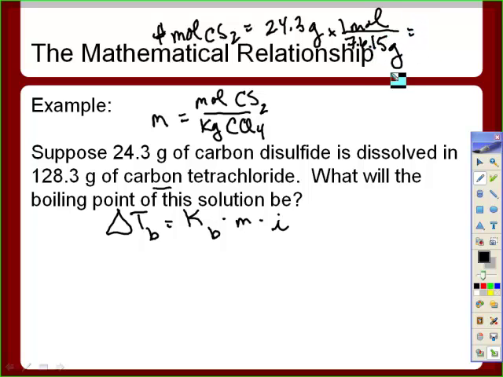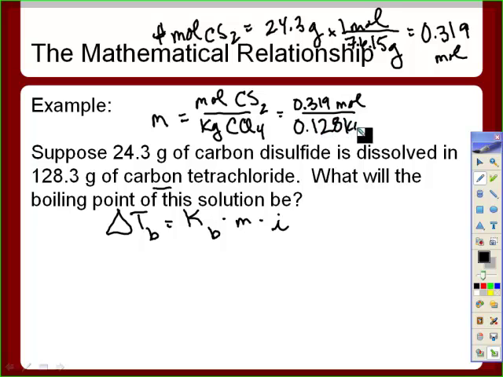grams per mole. And if I have 24.3 grams, that gives me 0.319 moles. Okay, I have the grams already of carbon tetrachloride, so I'm just dividing by 1,000 there. 0.128 kilograms.